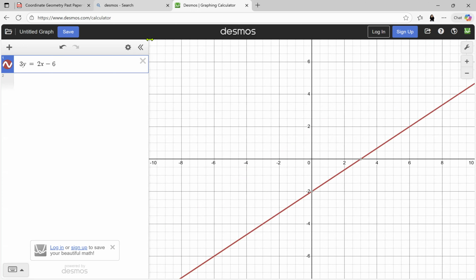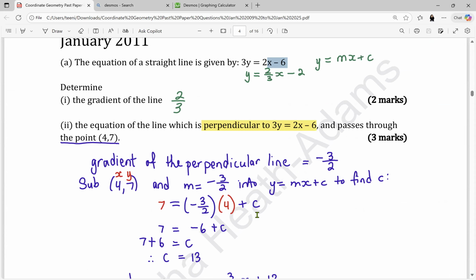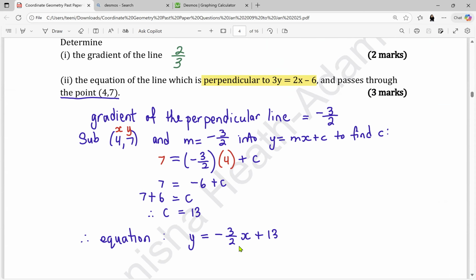And then the other one, the equation of the line that we just found, is negative 3/2, which is negative 1.5x plus 13.